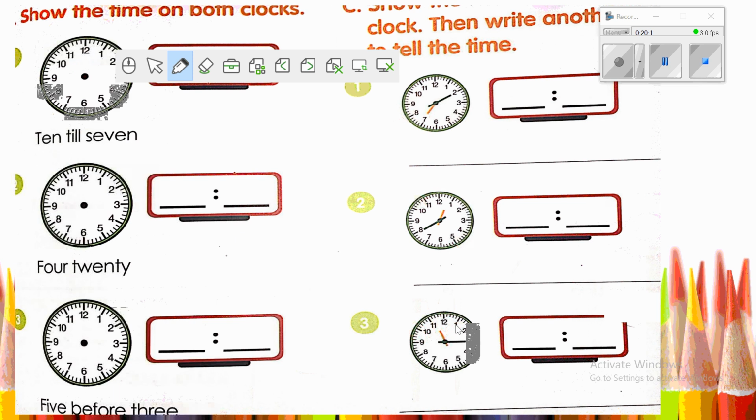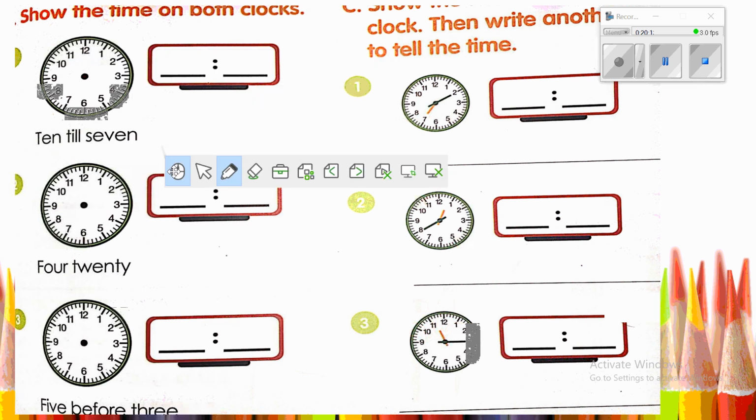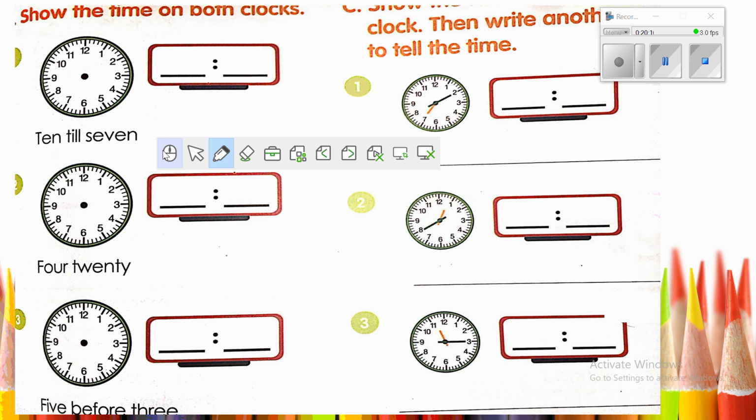Now, let's see here. Show the time on both clocks. Here we have the time and we have to draw it. So remember, "till" also means "to". Okay? Let's draw now. Here is "past", here is "to". Okay? Now, I want 10 to.